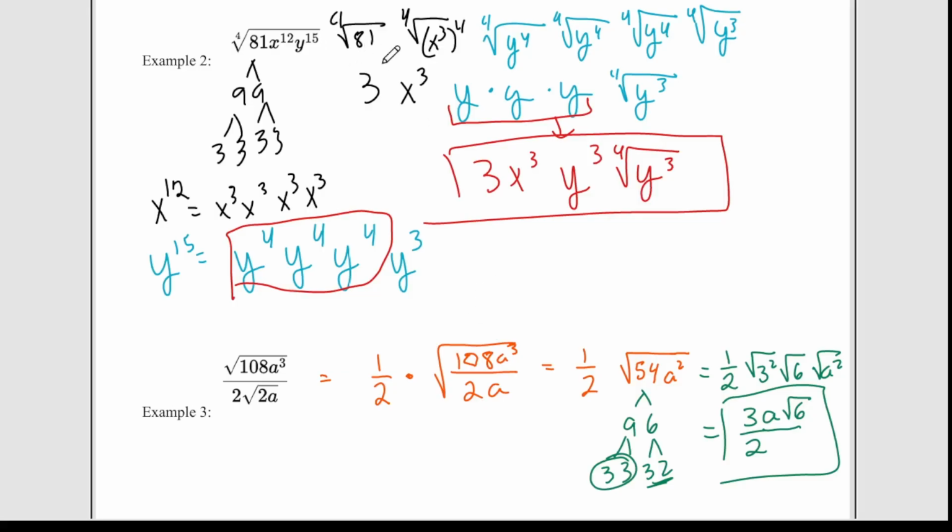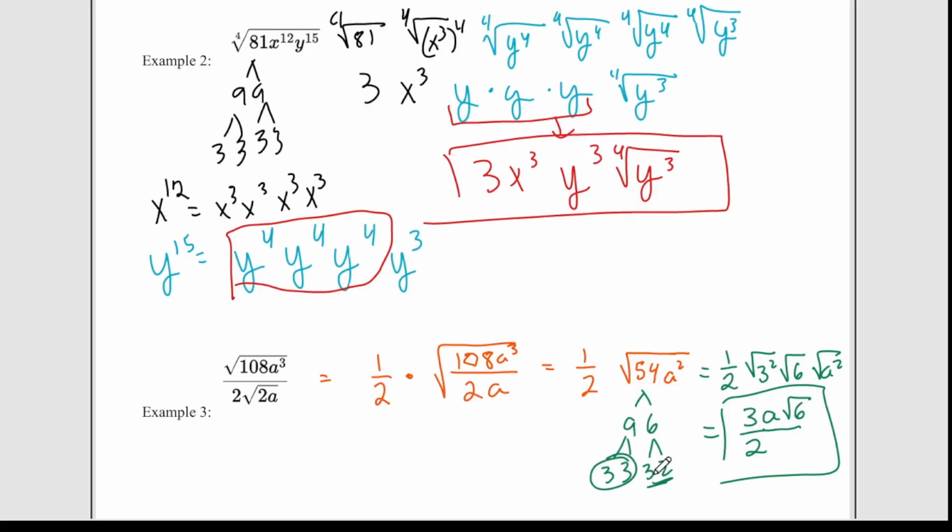As for the numbers, you want to still approach that the way that we've been approaching that, and factor trees can be a really helpful way to find whatever group, however many, some number that times itself the number of index times, which of those is going to be able to break out front, versus which numbers are going to have to stay underneath. Those are going to be whatever your unpaired numbers.